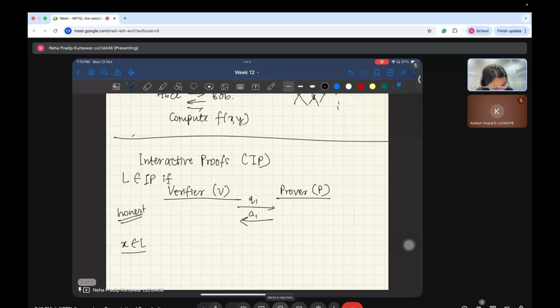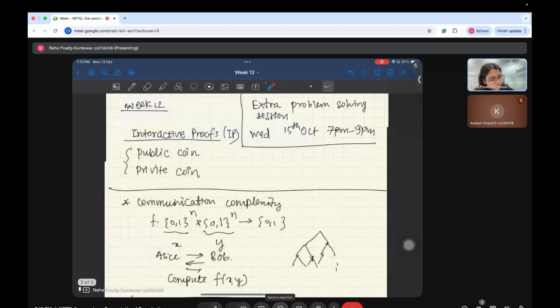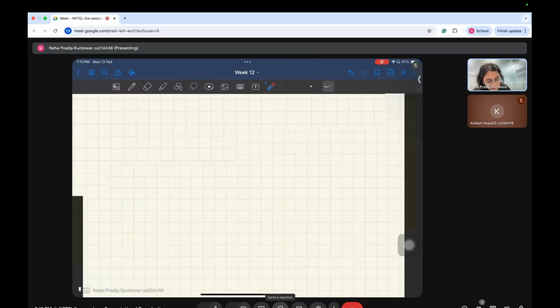Then based on these, the verifier can ask further queries. So Q2 could be based on Q1 and the previous answers, and the prover can respond to that, and so on. So this is a communication that happens between them, and at the end of the day, if x is in the language, then there should be a series of queries and answers such that the verifier is convinced that it is indeed an instance of the language.